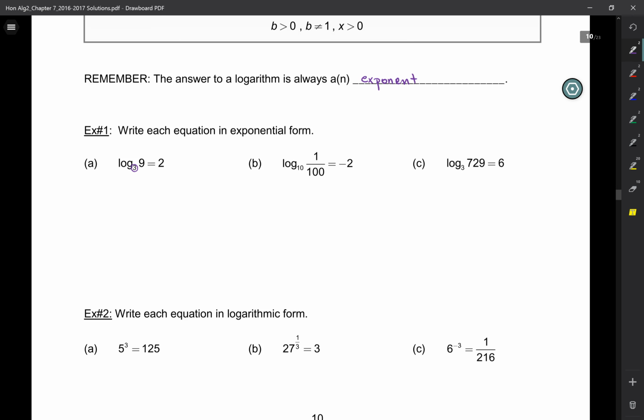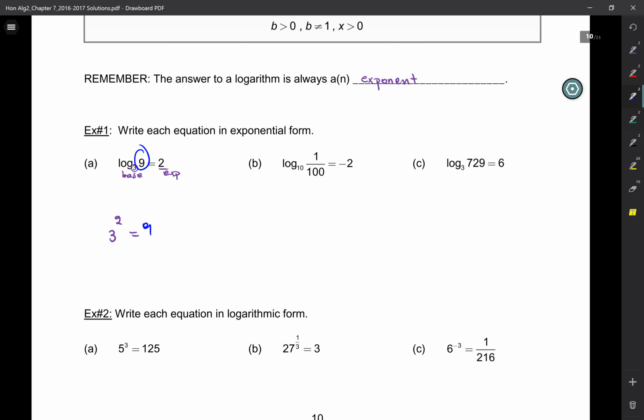That's a base. And the answer to a logarithm, which is that 2, is always a what? An exponent. So look, if you have that, it's so easy, because that's the base, that's the exponent. There is only one thing to do with a base and an exponent, and it's just 3 to the power of 2, and that equals 9, which is the argument of the log, if you want to get technical about it.